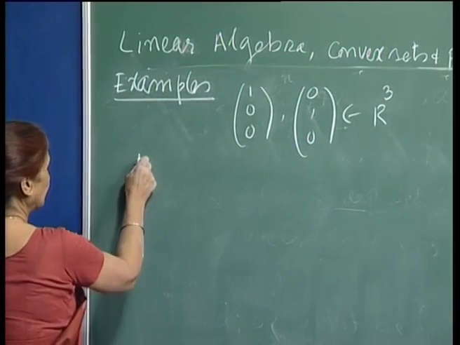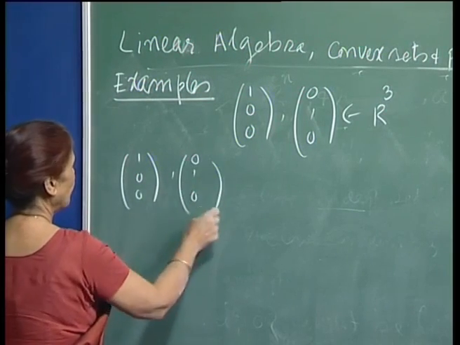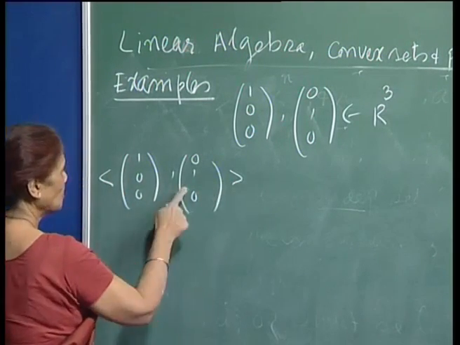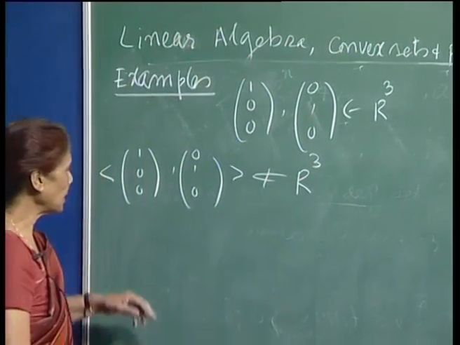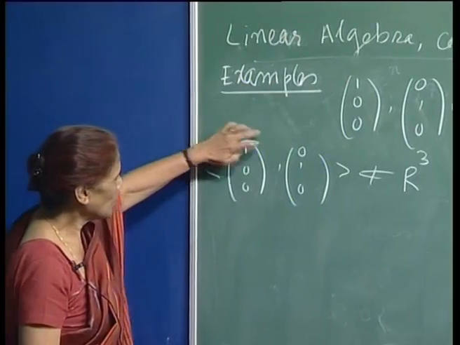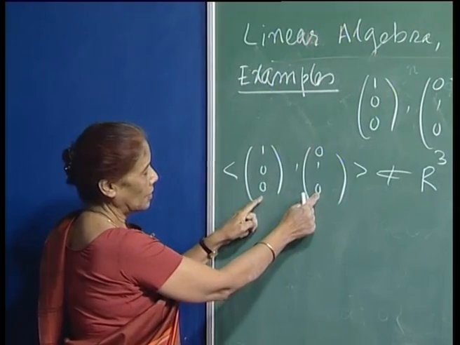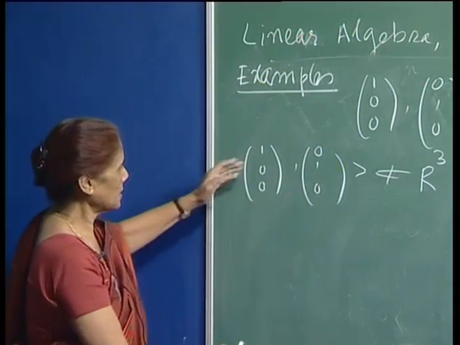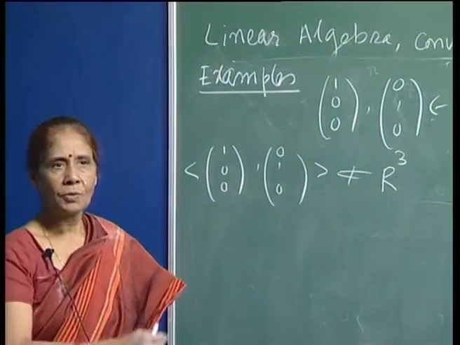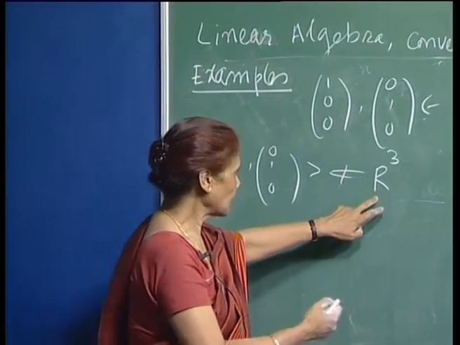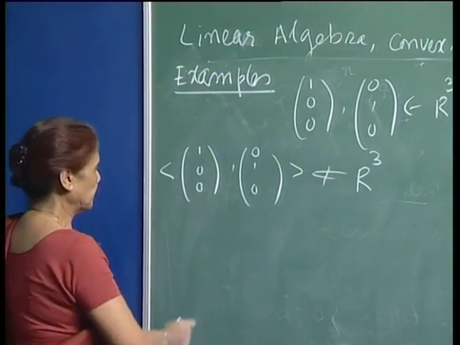If you take all possible linear combinations, this is not equal to R3, because if I take a linear combination of these two vectors, then the third component of the vectors in this subspace will be 0, which is not exactly R3, because the third component in R3 has to be any arbitrary number. So this is not equal to R3, right?